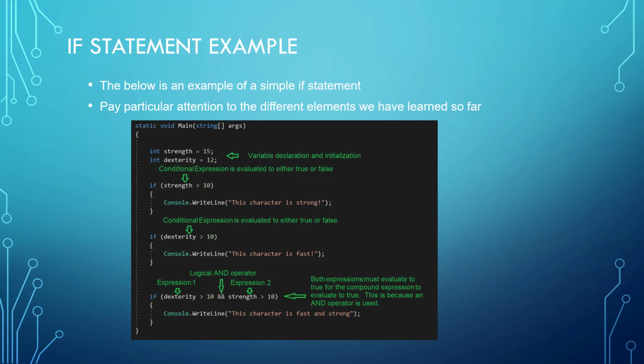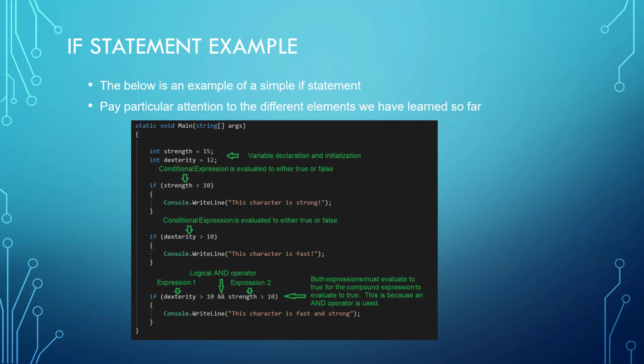Now, if we were to go back and we were to decrease our dexterity value to, let's say, an 8, we would still see that the first if statement, where we're evaluating strength, would still resolve to true, and we would see this character is strong.